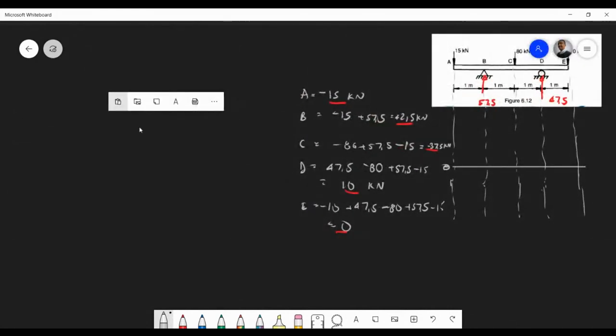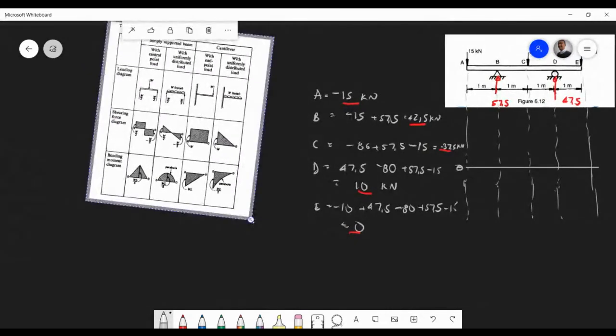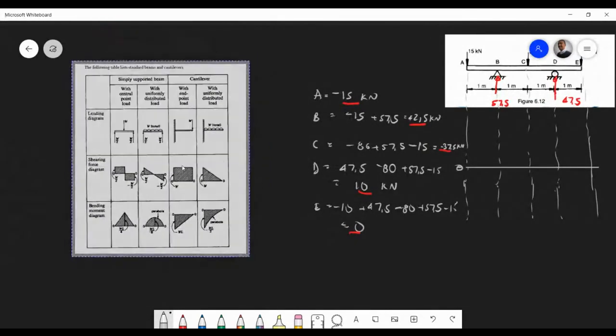So what you must be cognizant of, whether you paste this in your textbook, print it out and paste it, is that the diagrams must look like this. If you have simple loads, your shear force diagram will basically be lines going up and down, and lines going horizontally across.